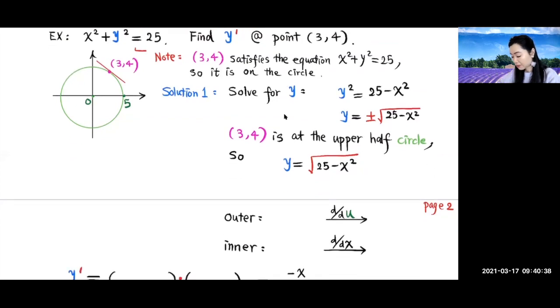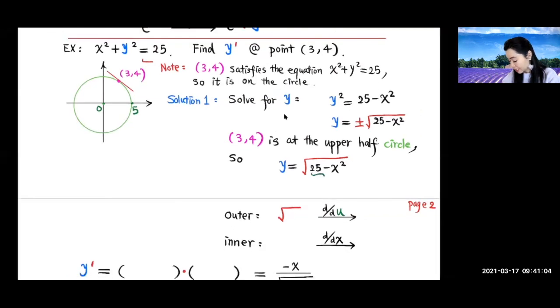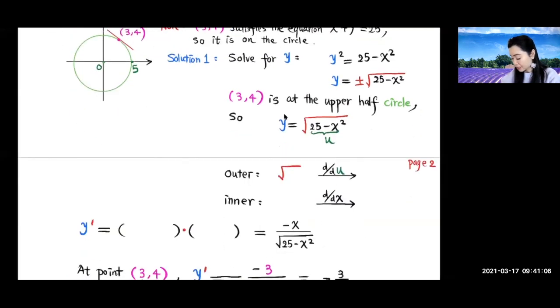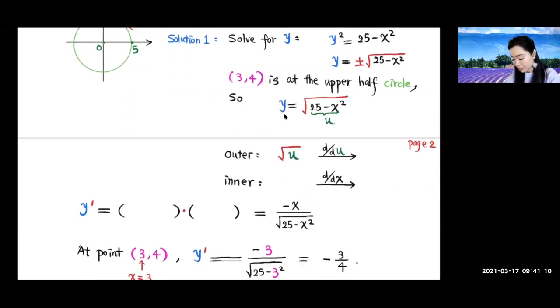Now after you solve for y here, you can differentiate this with respect to x. So the outer function is the square root function, okay? So think about this inside here as u. So the outer function is square root of u. Differentiate that with respect to u, you've got to remember, right?